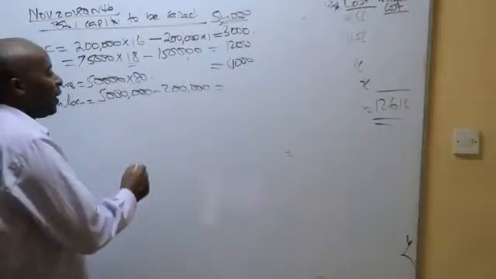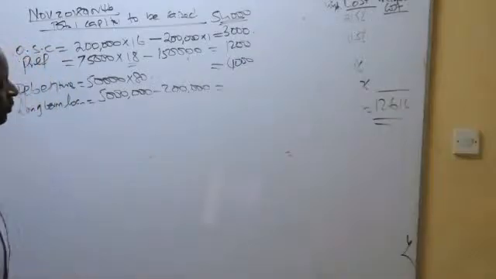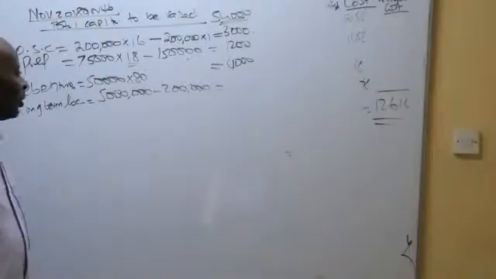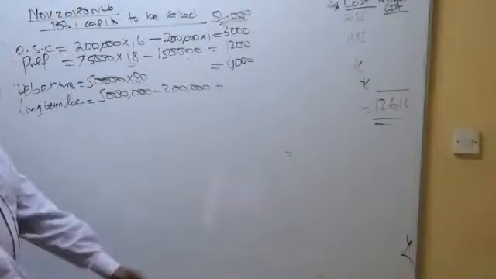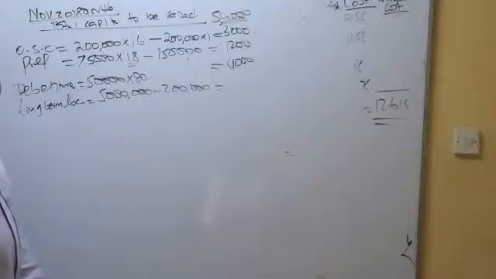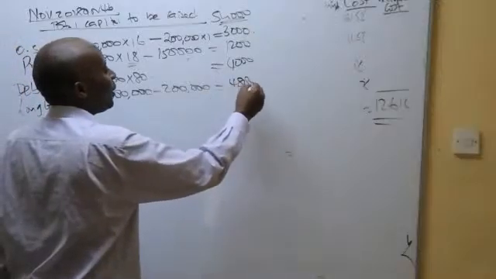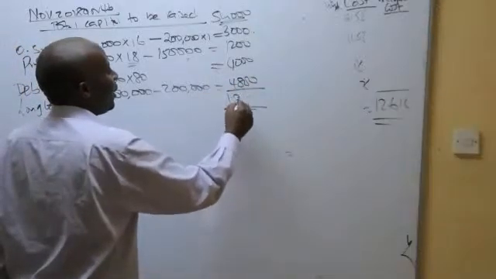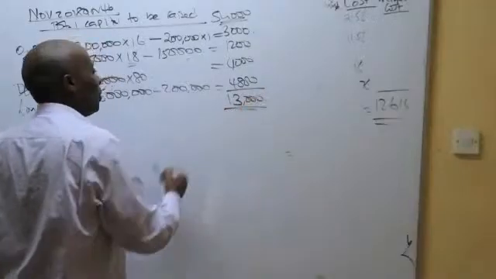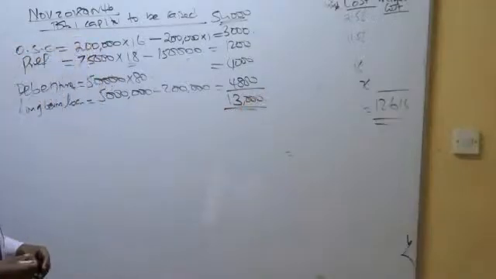So how about the long-term loan? The long-term loan, I'm being told, is 4,800. So please come and add. And according to Atho, we should be able to get 13,000 in terms of shillings thousands.